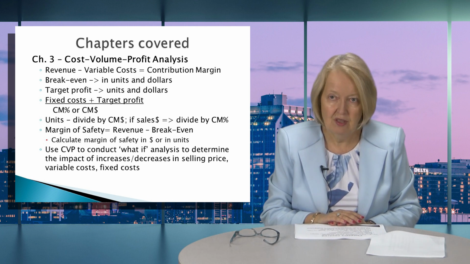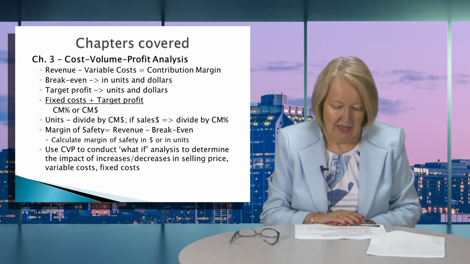Target profit. This is where you're building in the cost not only of your fixed costs but also a target profit, and here you need to identify how many units you need to sell or what the revenue is in dollar terms.